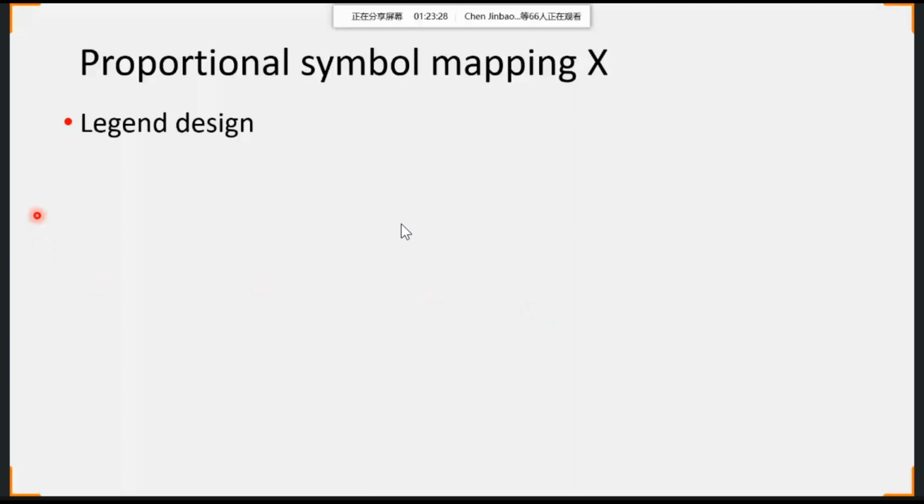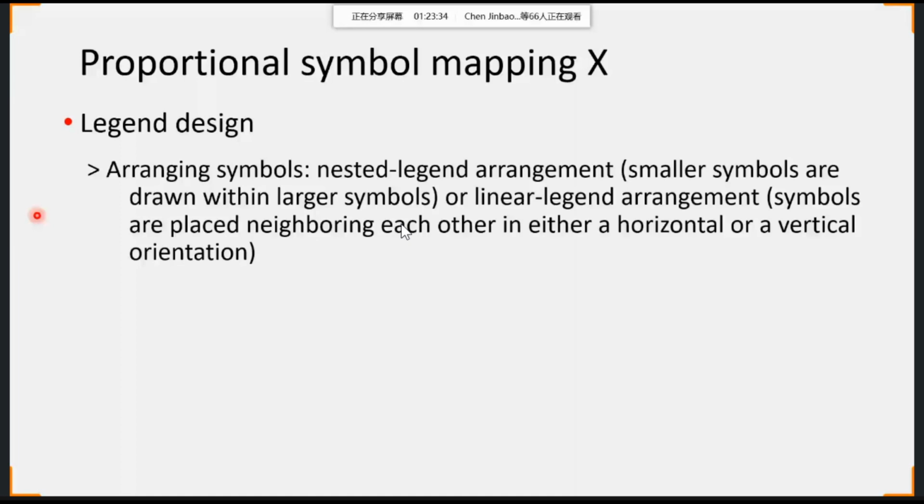Now, an aspect of proportional symbol mapping is also legend design. One question is how to arrange the symbols. A nested legend arrangement is one option. Here, smaller symbols are drawn within larger symbols. You will see an example a bit later. Or a linear legend arrangement. Here, the symbols are placed neighboring each other in either a horizontal or a vertical orientation.